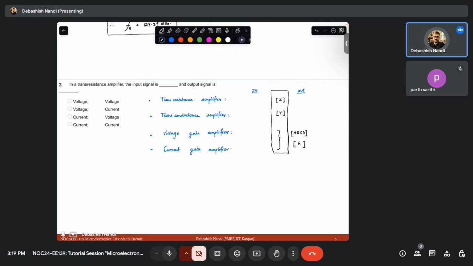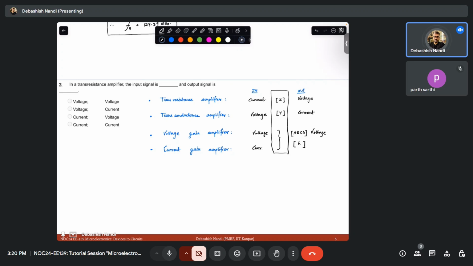So if it is trans resistance, this side it will be voltage, this side it will be current. Okay, and trans conductance is this side voltage, this side current. Here also voltage, this side also voltage.